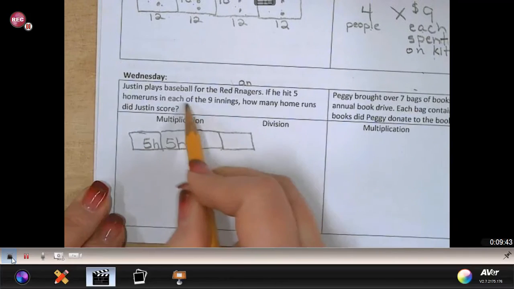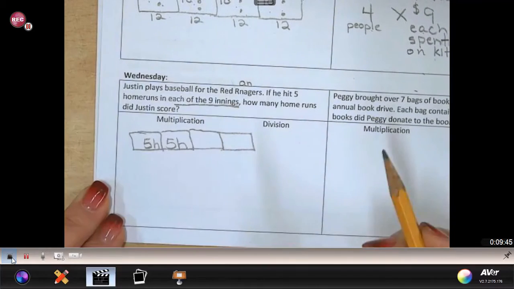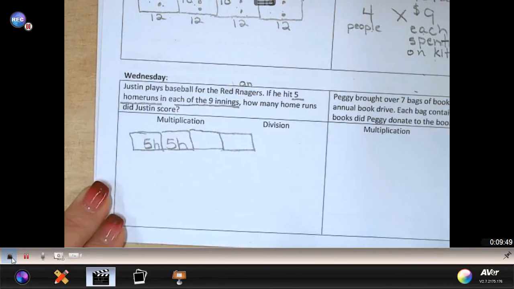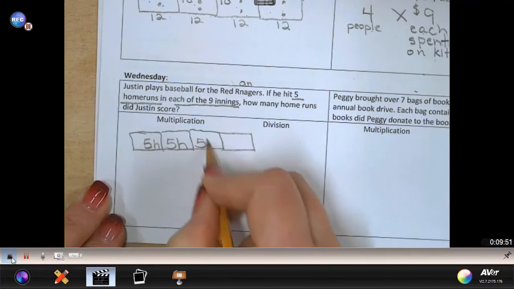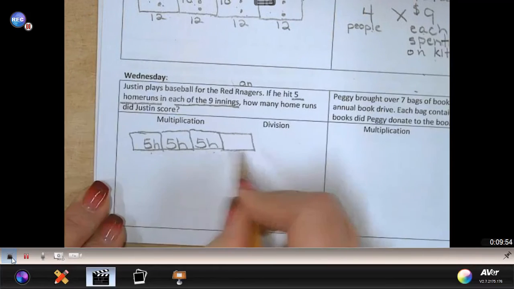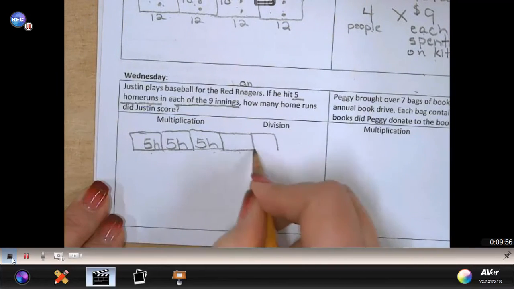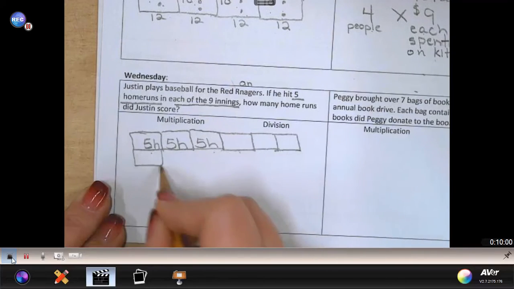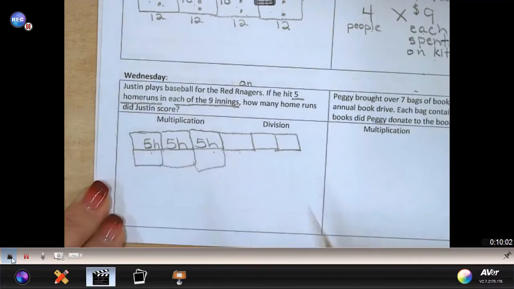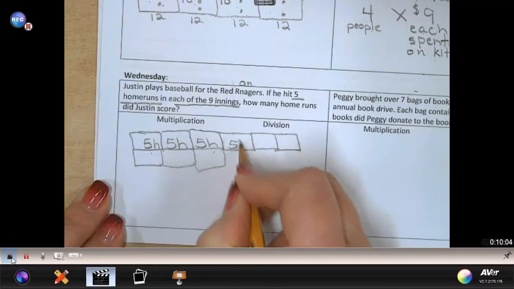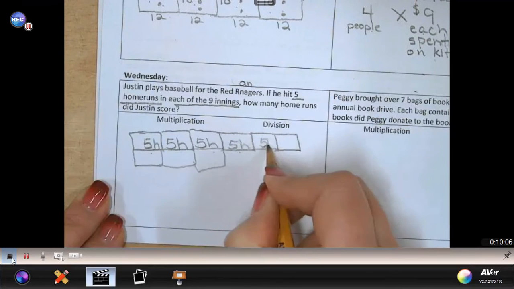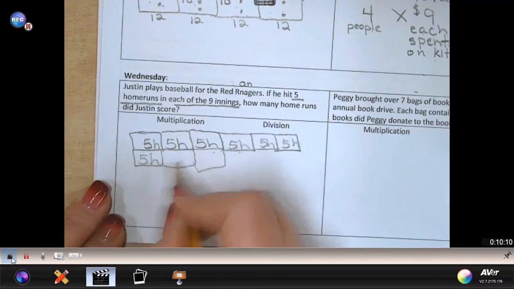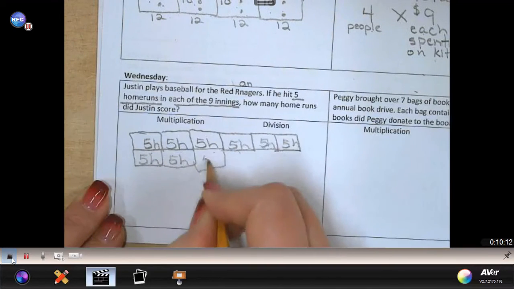Now it says that he has 9 innings and he is hitting 5 home runs for each inning. So 1 inning, 2 innings, 3 innings, 4 innings, 5 innings, 6 innings, 7, 8, nine innings. And in each inning, he is going to have 5 home runs that he has scored.